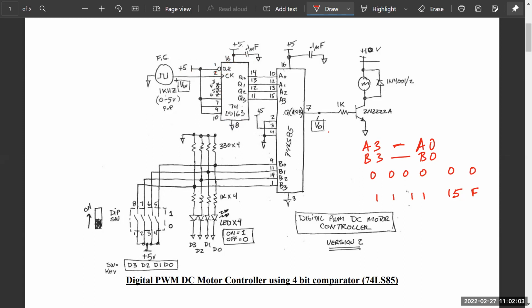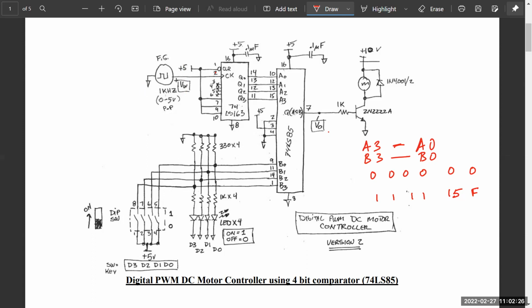We have no need to reset the counter. As soon as we apply the positive pulse coming from the function generator, the counter is going to start counting. When we apply a 1 kilohertz signal, it's 1000 cycles in 1 second, so it's going by very fast. You'd have to be able to see the signal on the oscilloscope.